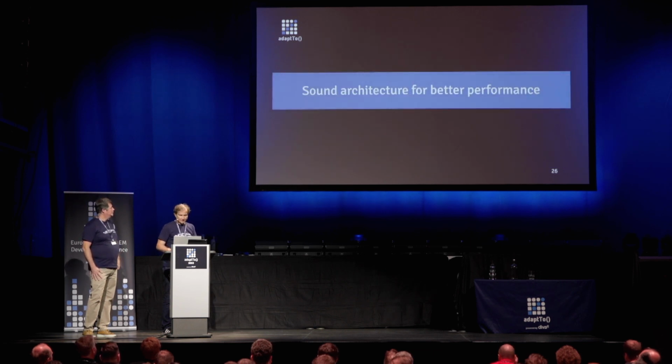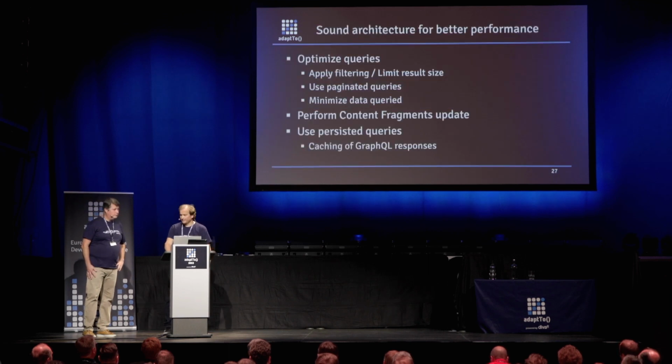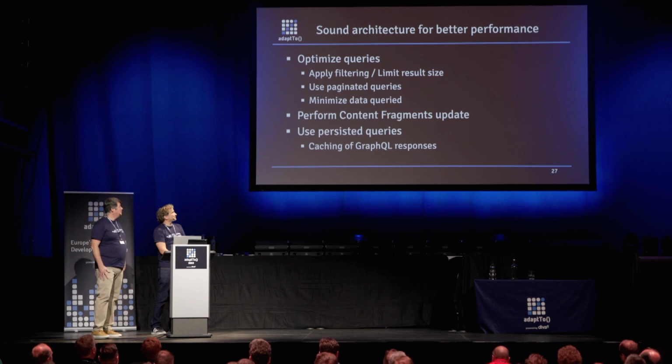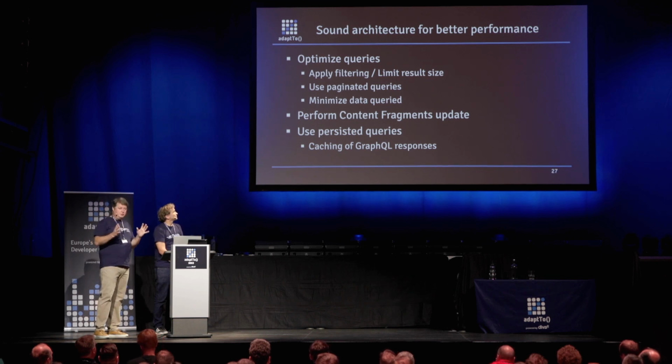Yeah, but let's move quickly on to the next point, because we don't have that much time left. So quickly, sound architecture for better performance, to sum up what we all talked about. First and foremost, optimize your query: apply filtering, limiting, use pagination. Always make sure that you request only the amount of data which you want to digest.